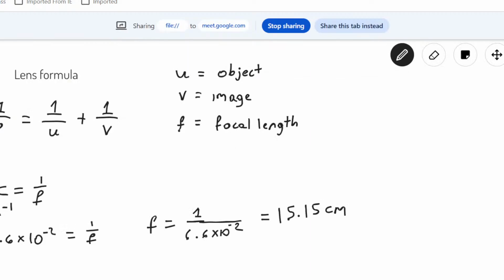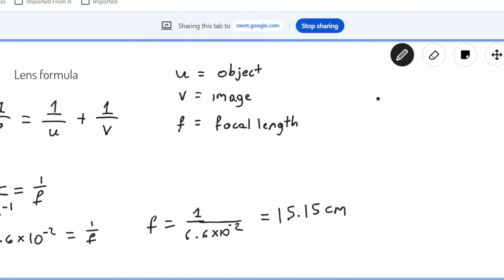Are you sure about that? T final minus T initial, so that's delta T. T final is 0, and the initial temperature is minus 10.